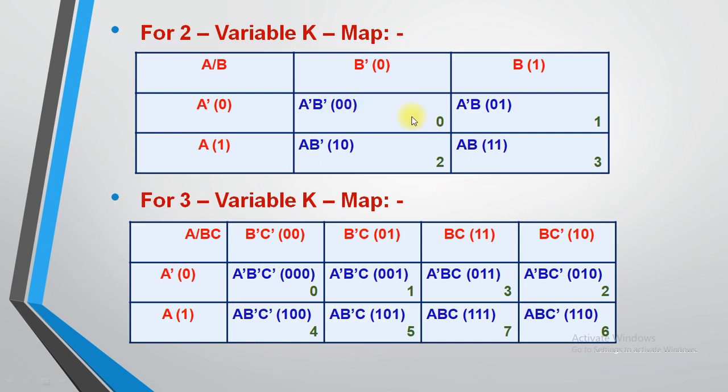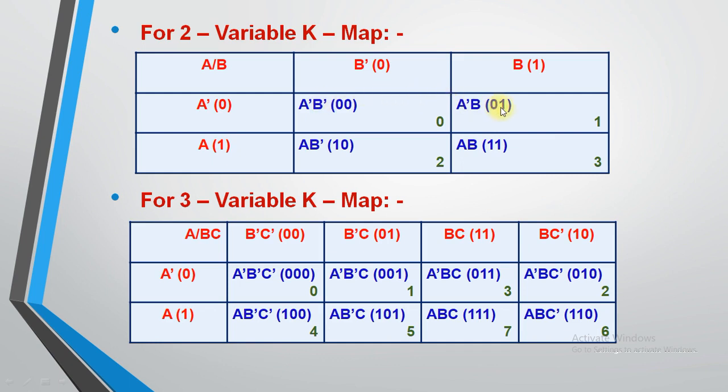Now see, 0 0 means what? It is a dash value. The first value represents the value of variable A, and the second value represents the value of variable B. Here both variables contain the value 0, so you need to write A dash B dash.